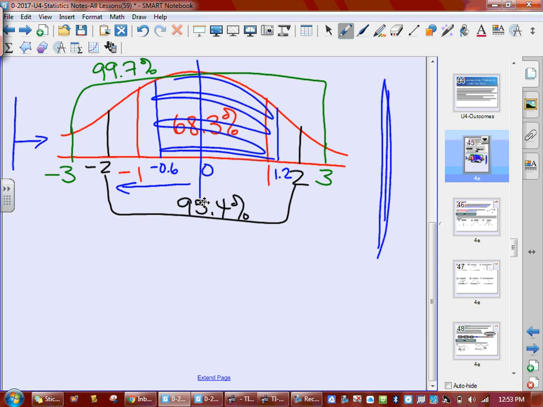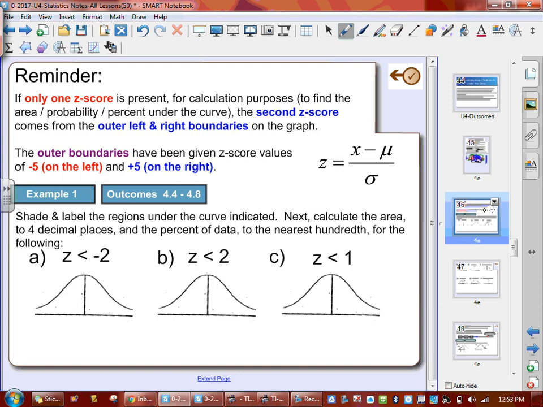These are all percentage numbers, but probability is not percent. Probability is always the decimal number before you multiply by 100 to get a percent. If you have only one z-score, we find the region, using either the outer left region or the outer right region.